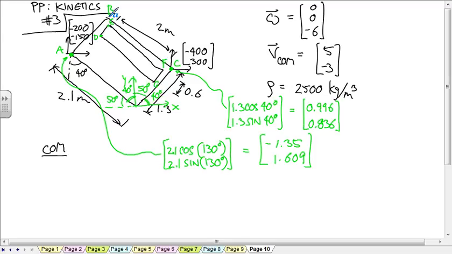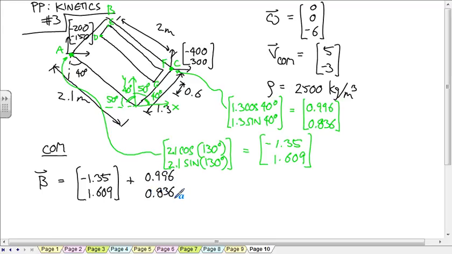So we can get the coordinates of B by just adding that vector to this vector that we just got. So B is equal to negative 1.35, 1.609 plus 0.996, 0.836. Can someone add those? Yep.